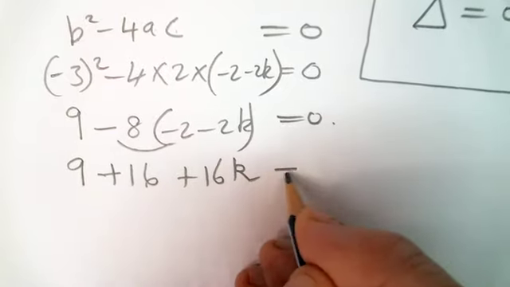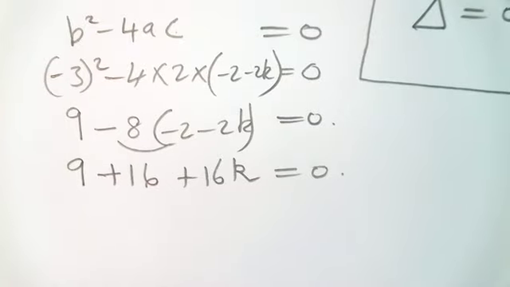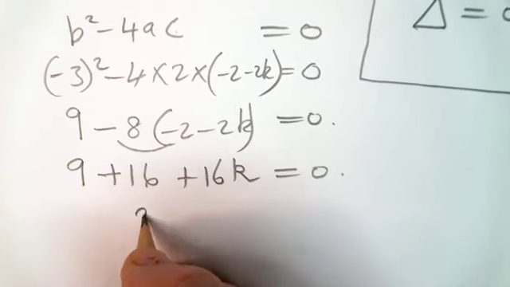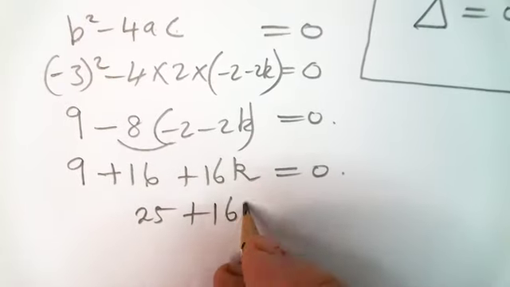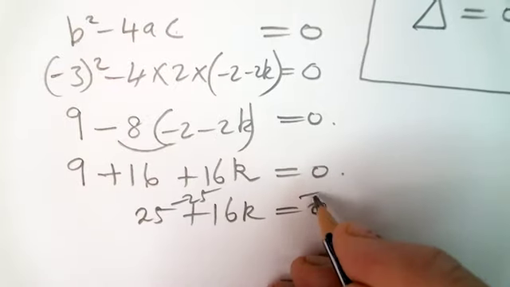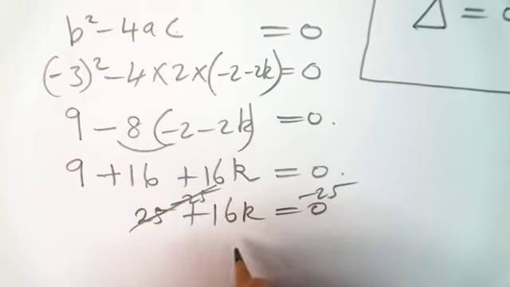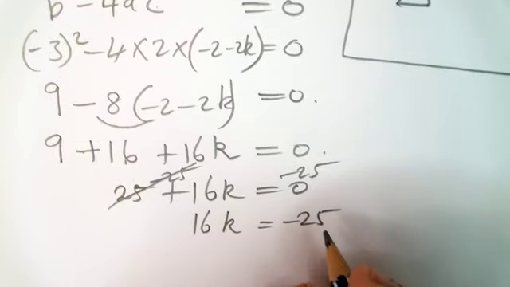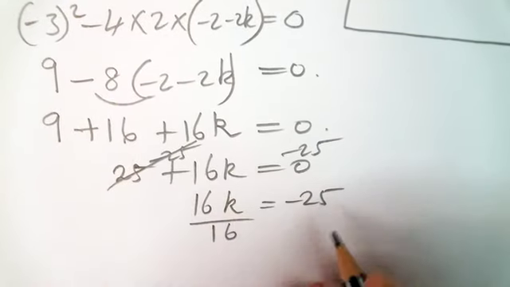So we're now having an equal to 0, but I'm going to make k the subject now. Well, of course, 9 and 16 is 25, so I have 25 plus 16k is equal to 0. I'm going to subtract 25 from both sides, making 16k equal to -25, and I'm going to divide both sides by 16.